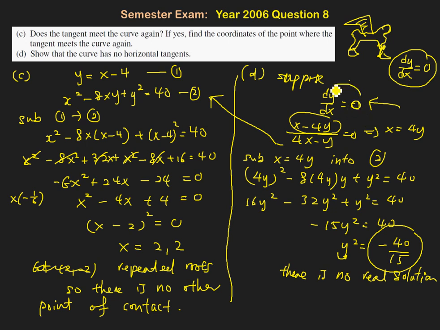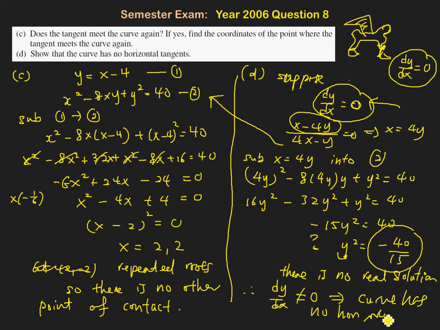We supposed that this is true, but we got this crazy result here. So this must be because this is not true, and therefore dy/dx cannot be 0, and this supports our claim that the curve has no horizontal tangent. Alright, so hope you try similar questions later, and all the best.